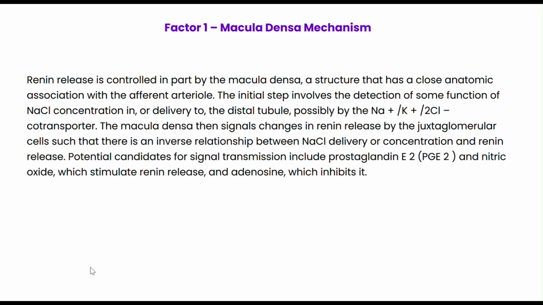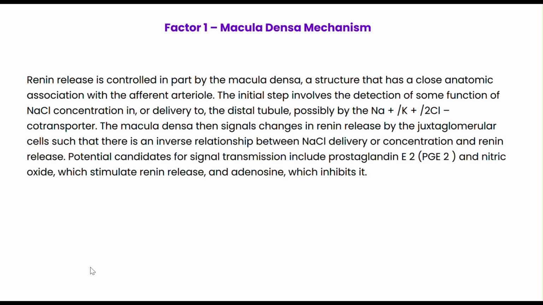If there is high NaCl concentration, the macula densa signals the kidney to reduce renin release. If there is low sodium chloride concentration, it stimulates renin release to increase sodium reabsorption and restore the balance.